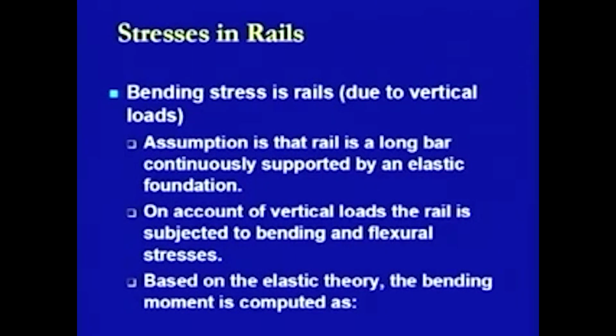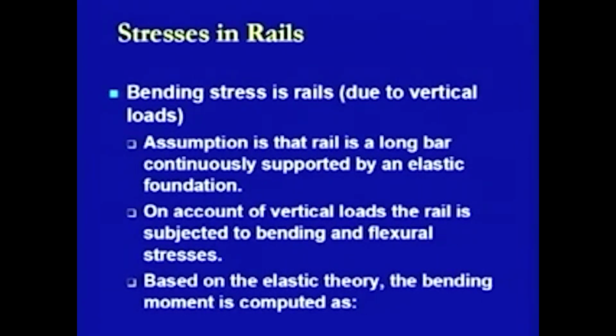Then, as we have discussed the stresses due to vertical loads, in this case, because of the eccentricity of the vertical loads, we have seen that it may create bending stress. Now, when this bending stress is being caused, there are certain assumptions which have been taken up. One assumption is that the rail is assumed to be a long bar and it is continuously supported by an elastic foundation.